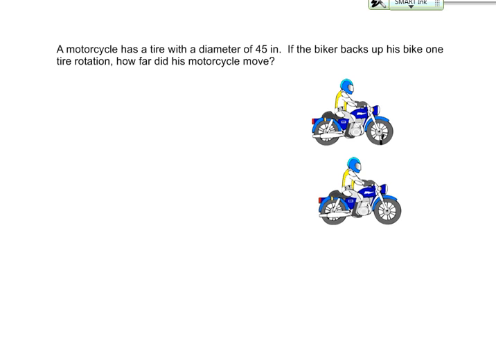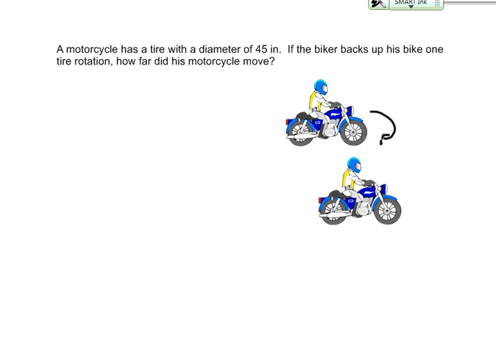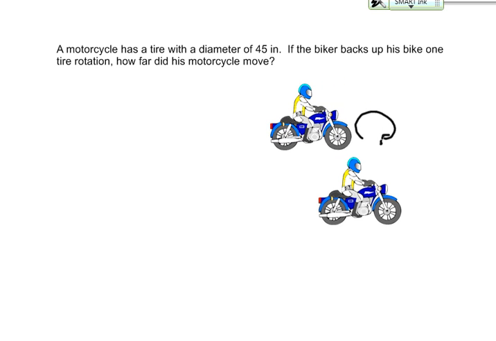And he's going to slowly back up. But we know that as he slowly backs up, this tire is going to spin and spin until it comes back to its starting location. I can't show it much beyond that image right here.